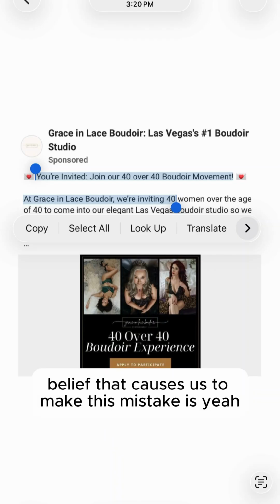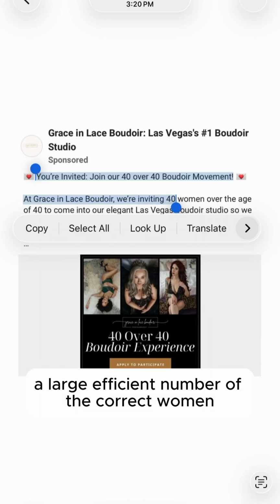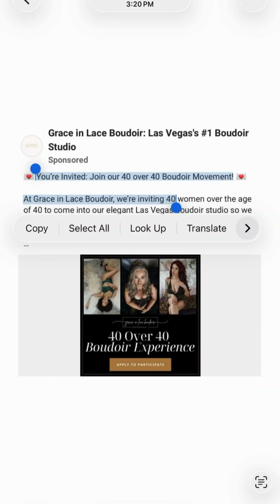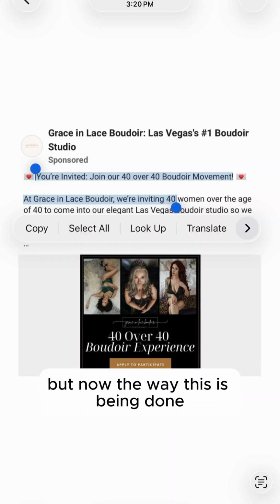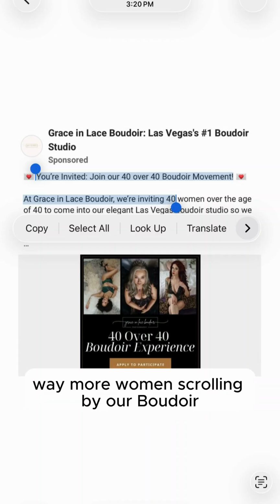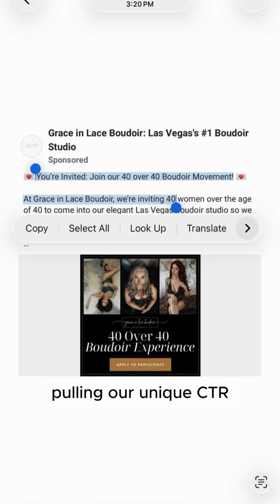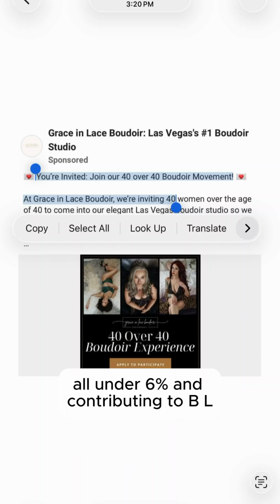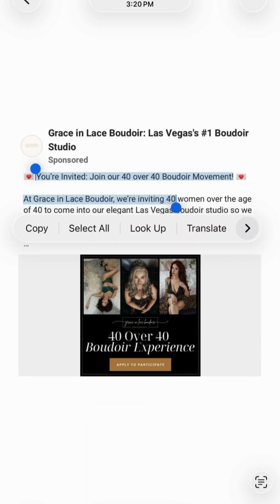So the false belief that caused us to make this mistake is we thought our headline was good enough to pull in a large, efficient number of the correct women with our Facebook ad spend. But now the way this is being done, we're gonna have way, way, way more women scrolling by our Boudoir Facebook ad than necessary, pulling our unique CTR under 6% and contributing to BLCS, aka Boudoir low click syndrome.